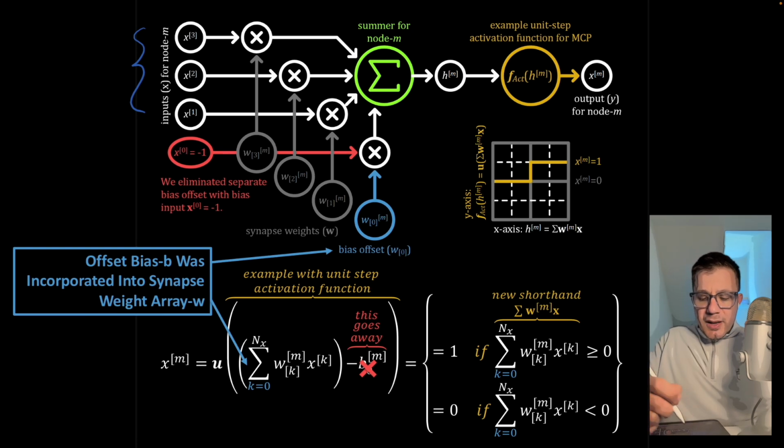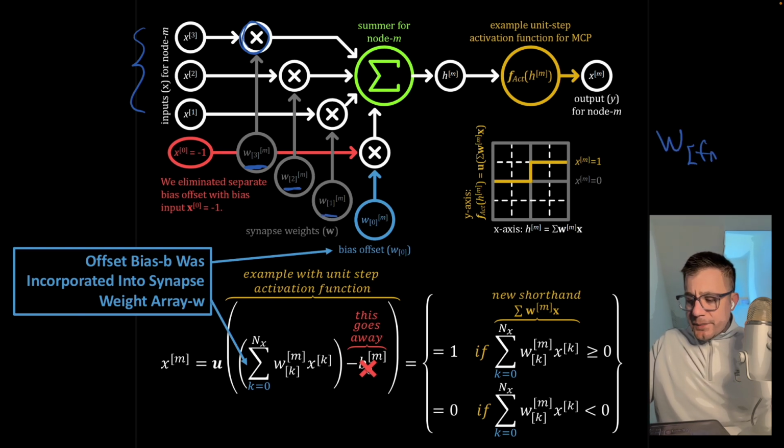Each one of those inputs is multiplied by its respective synapse weight. Now the way that we label these synapse weights, right, we have W, the subscript tells us what module it's coming from, right? Because you can think of the synapse as spanning the distance between 2 nodes. So this is coming from node number 1 and going to node number M, right?